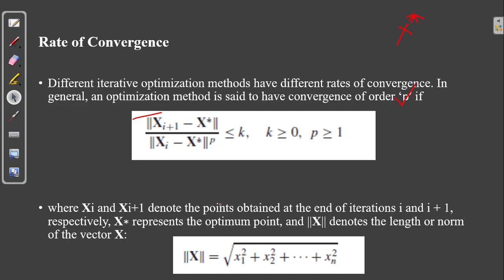Where this x i and x i plus 1 denote the points obtained at the end of iterations i and i plus 1 respectively, and x star represents the optimum point, and norm x denotes the length or norm of the vector.